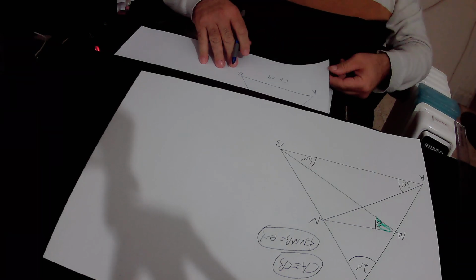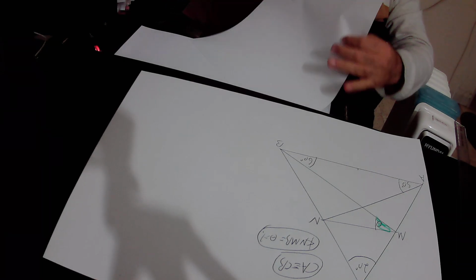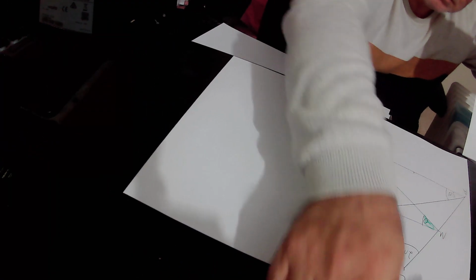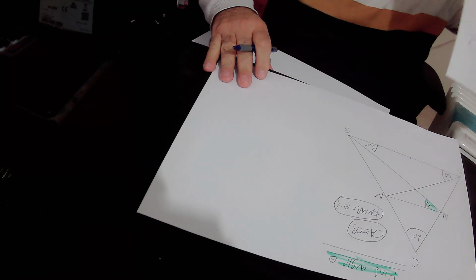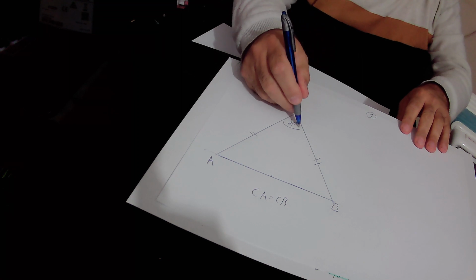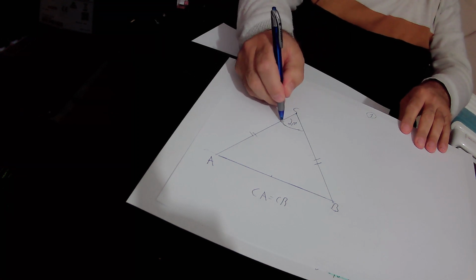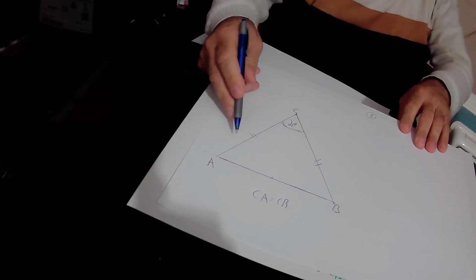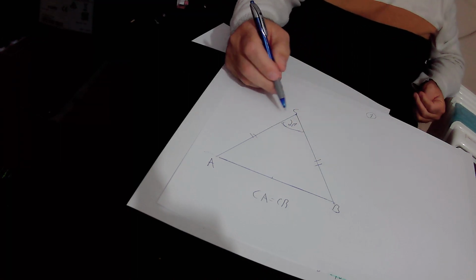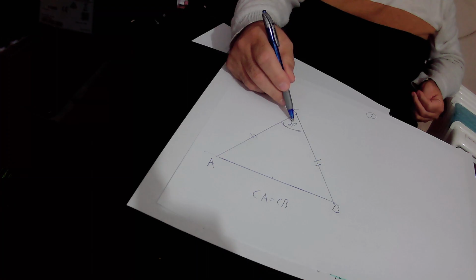So actually, this is triangle ABC that I copied from the original drawing. In this triangle ABC, side CA equals side CB, and angle ACB equals 20 degrees in its size.